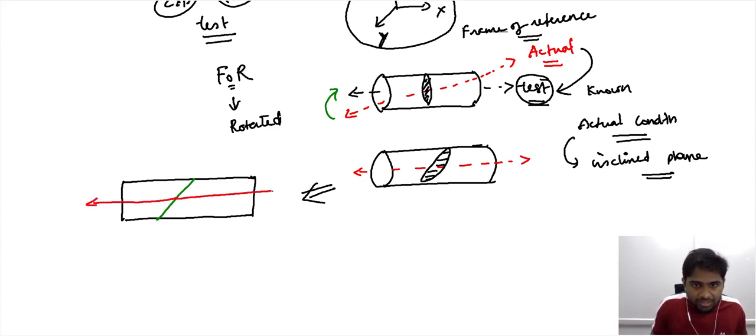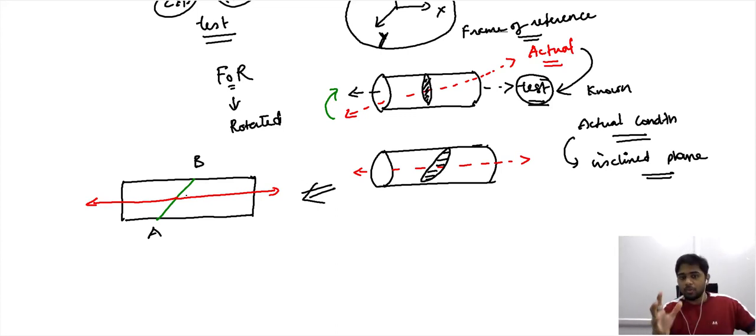We have the region of interest in green, which we will refer to as AB. Now we want to describe the stress experienced by this region of interest AB.